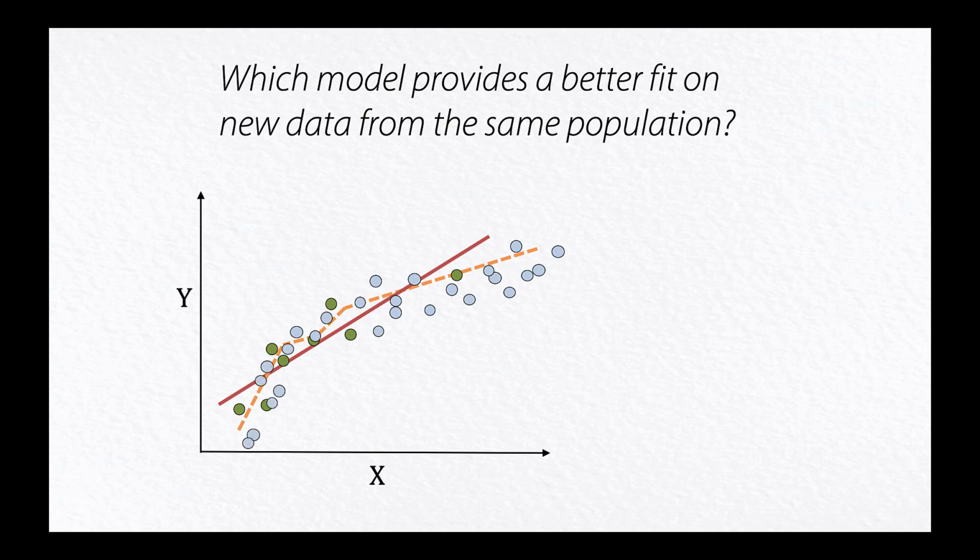Imagine that the blue points shown here represent novel data. In this plot, they fall more or less along the orange curve, suggesting that it better captures the true relationship between X and Y. But had the blue points been distributed differently, perhaps like this, we would conclude that the linear model is superior. But we don't have to guess.